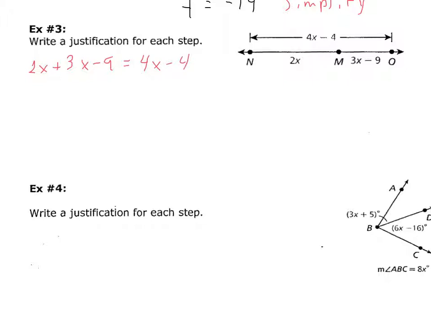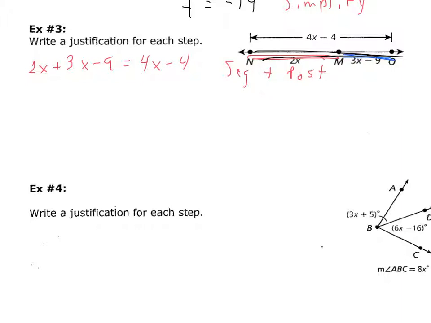And basically that's saying this segment plus this segment equals the whole segment. And what is that called when we do that? That, of course, remember, is called the segment addition postulate. So when you add two segments to equal the whole, that's called the segment addition postulate.